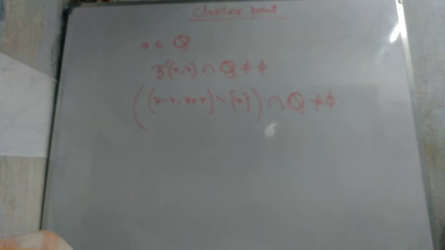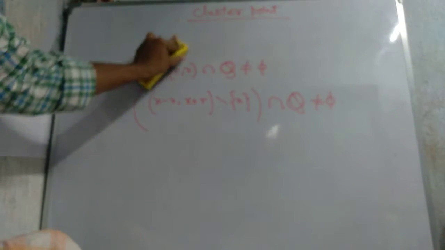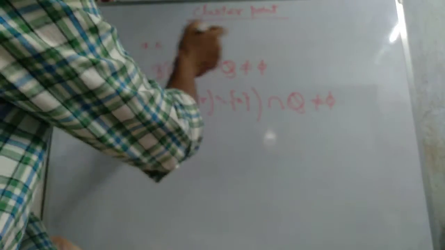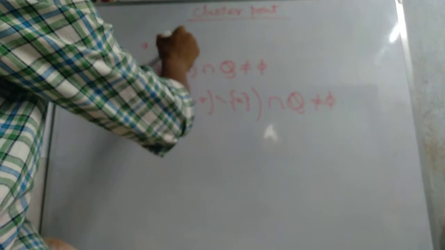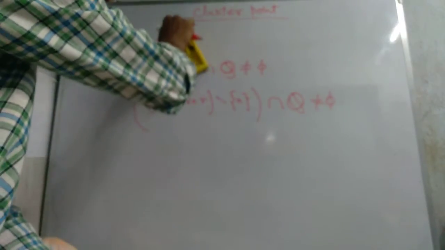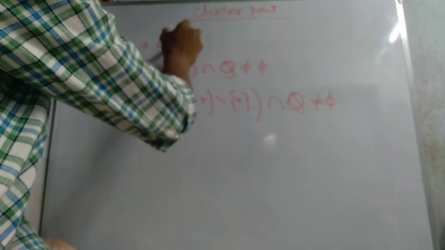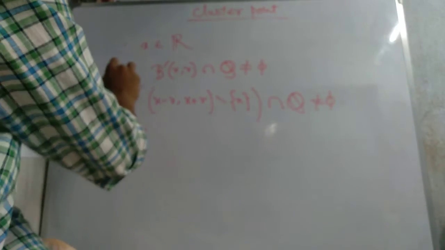So what we do: if this one is in Q, it is possible, and if it is in Q complement, it is also possible. So we take s belonging to R, and this happens.